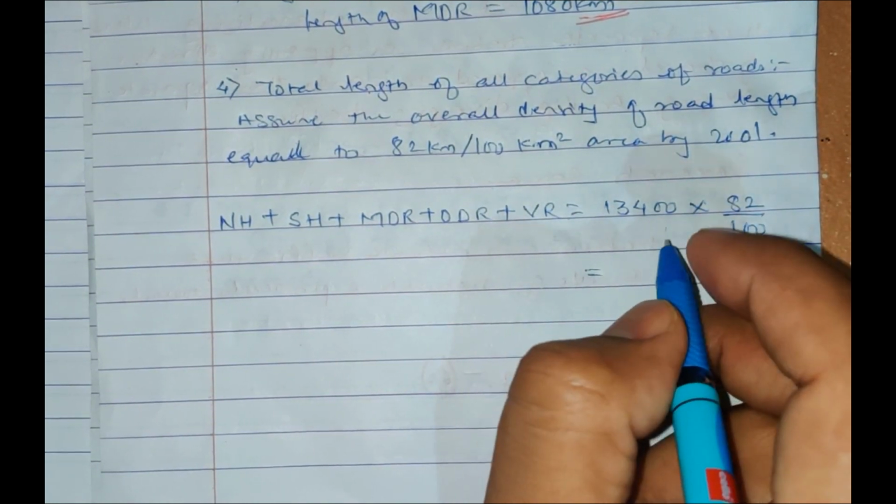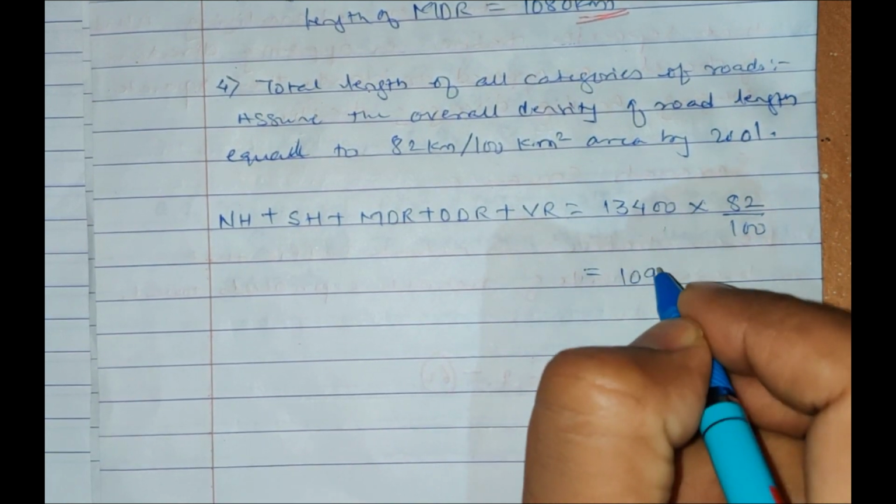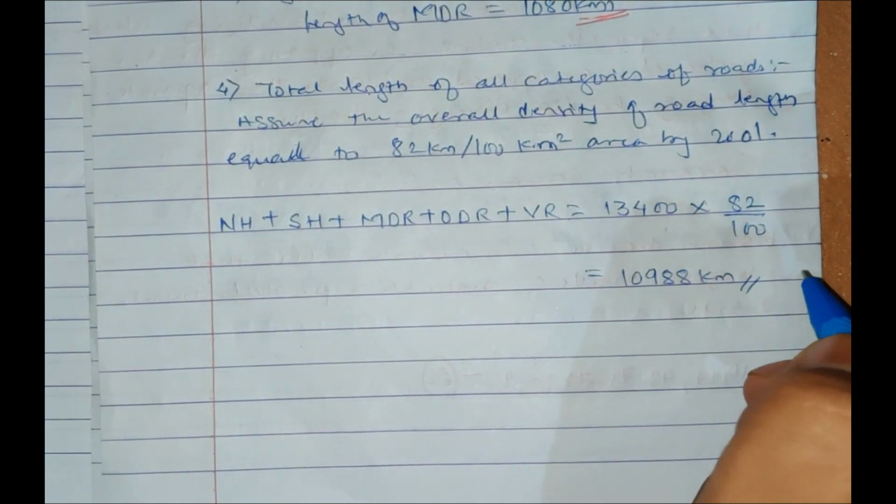So the total length of all categories of roads will be equal to 10988 kilometers.